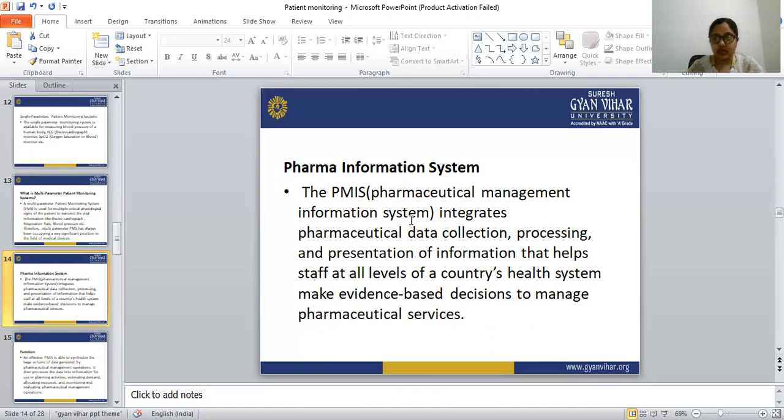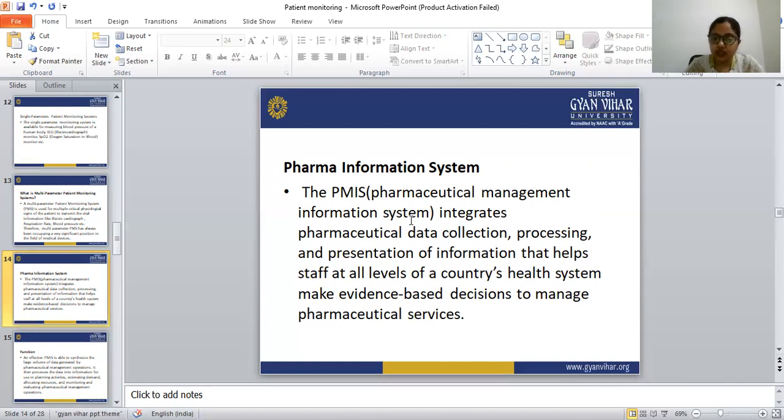When the pharmacist enters the prescription order in the computer, the computer checks if there is any drug interaction or drug-food interaction.